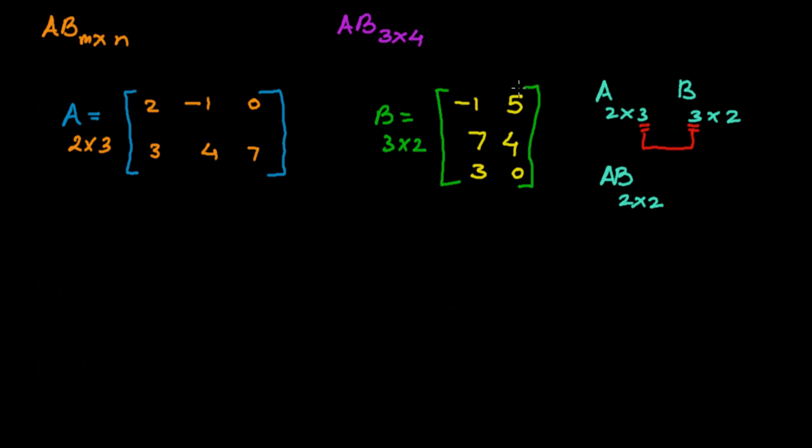Here what we have to do is multiply the first row with the first column, with their corresponding elements: the first element with the first element, the second with the second, and the third with the third.